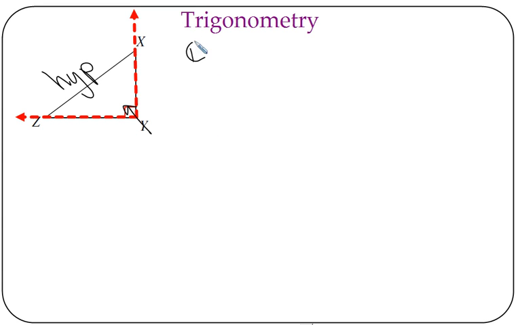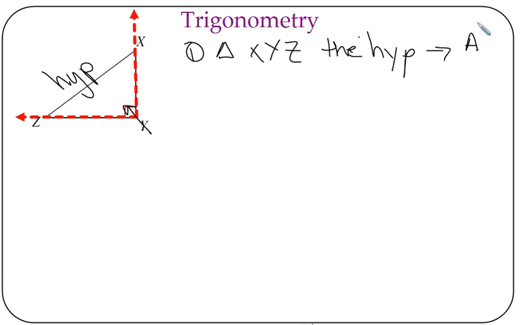So for triangle XYZ, the hypotenuse is segment ZX.